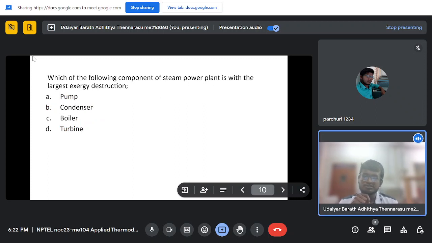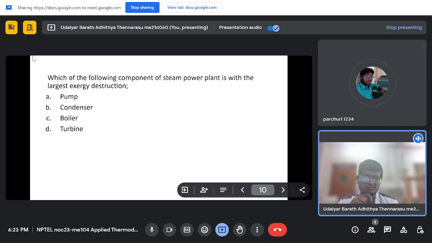So the next question is, which of the following components of a steam power plant has the largest exergy destruction? A, pump; B, condenser; C, boiler; and D, turbine.